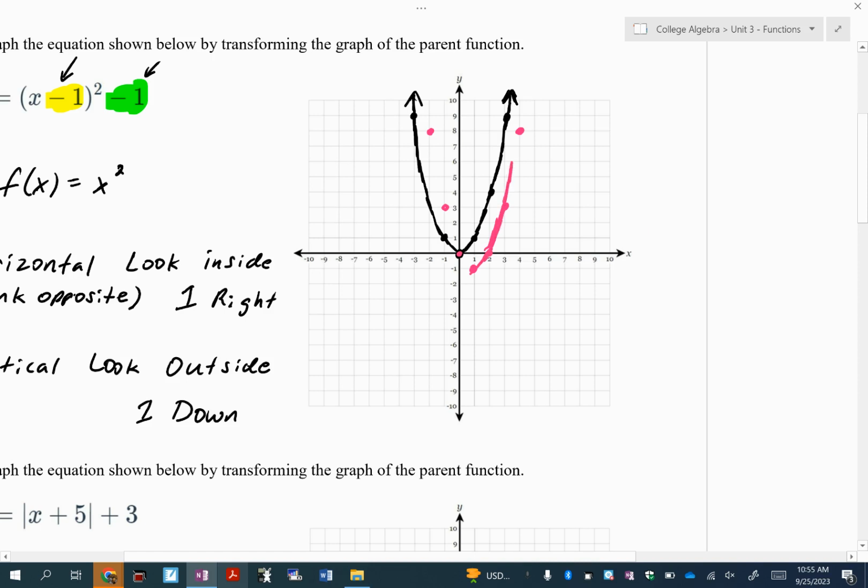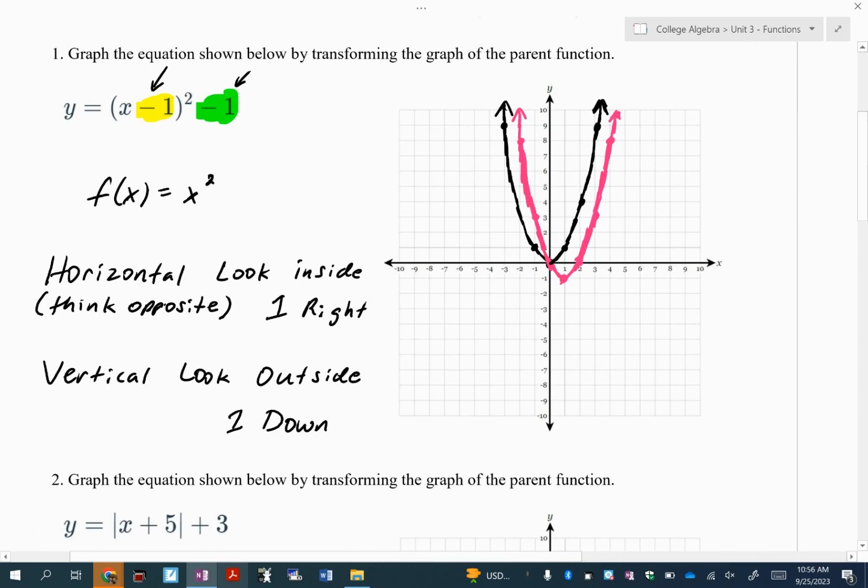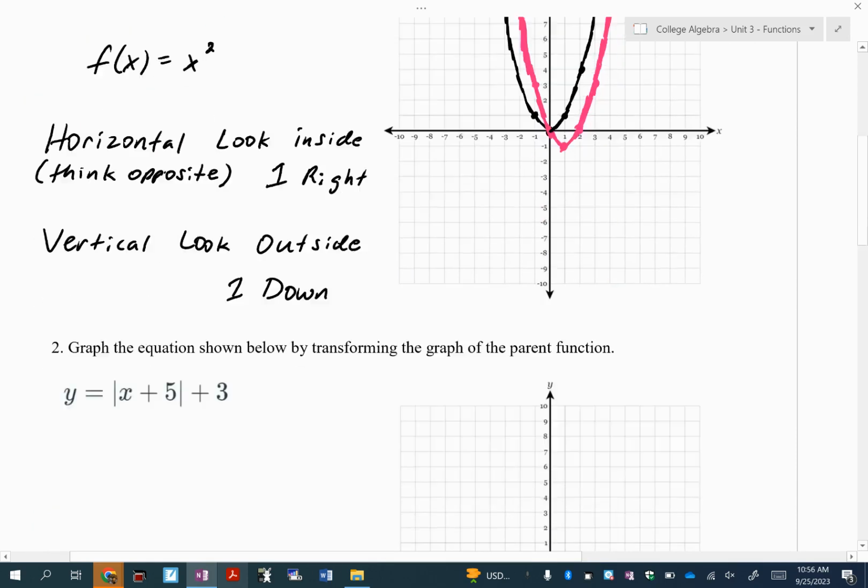Now, not doing a great job here, but the idea is this should be exactly the same as the one in black. The only difference being the location of these points is different. So that is how you're going to graph this on the test. On the test, you don't have to do the parent one. You can just graph the one that's been moved 1 unit to the right and 1 unit down. It's up to you on how you want to do it.